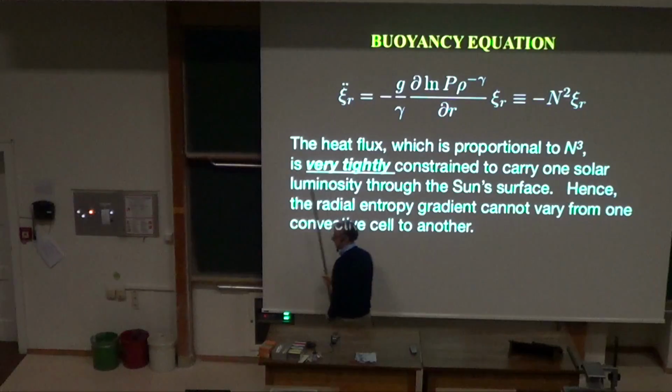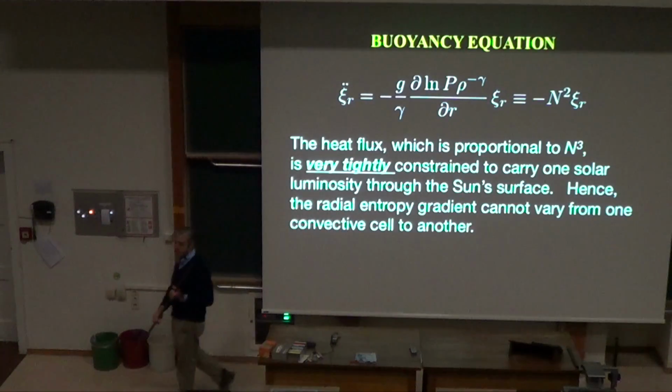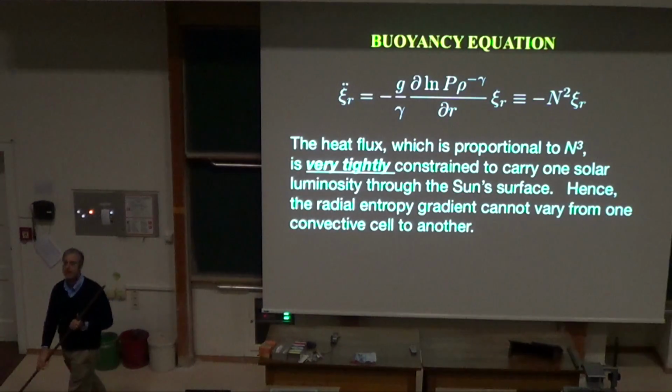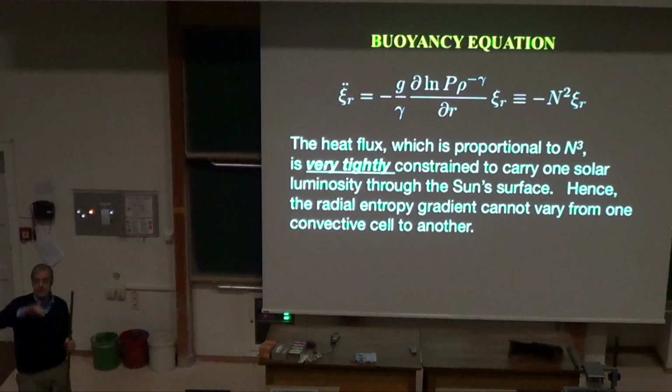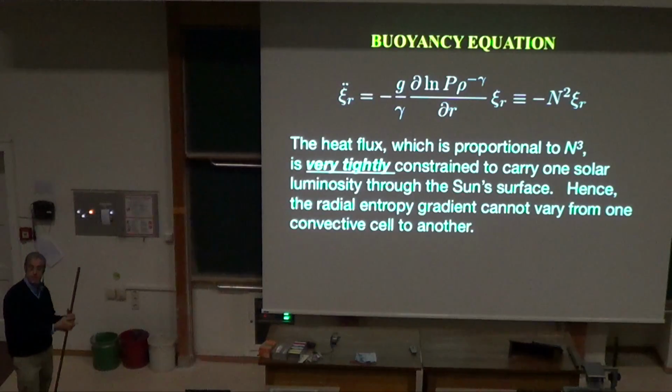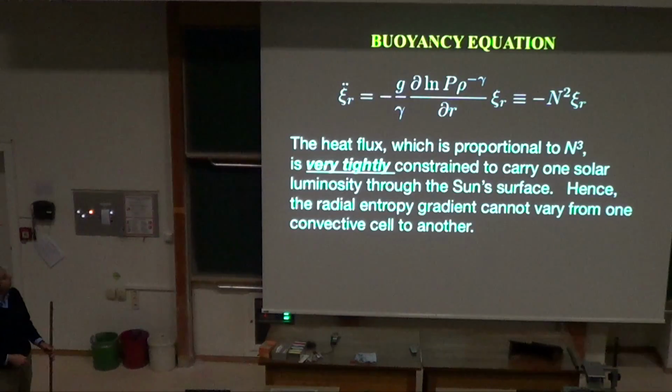This equation defines what is called the Brunt-Väisälä frequency. Now, N squared will be negative in a convective zone because it's unstable, but in the radiative zone, N squared will be a positive quantity, and so displacements oscillate up and down at this very characteristic frequency.